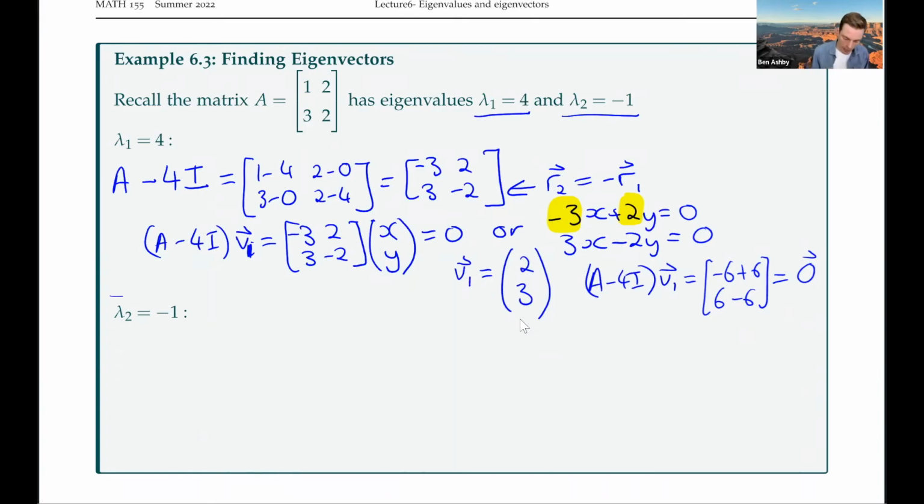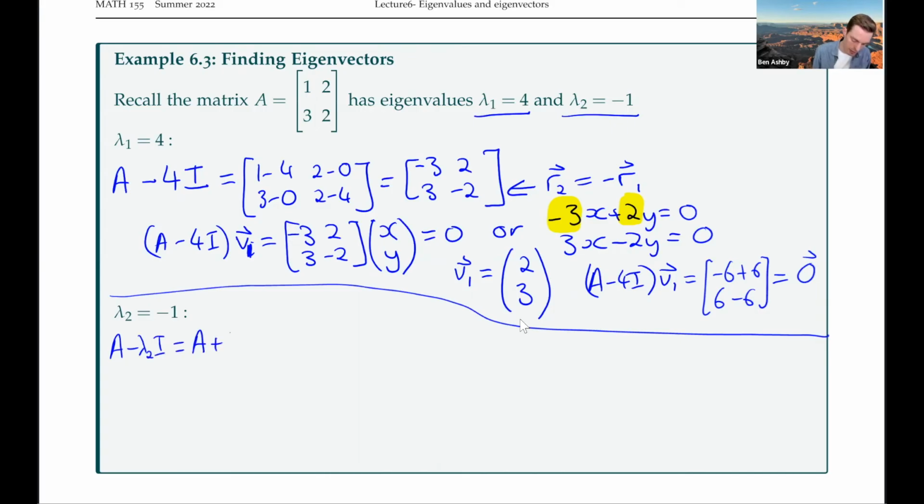Okay, what about for the second eigenvalue? I said we had to do one of the eigenvalues first, find the eigenvector associated with the eigenvalue, and then for the second eigenvalue, we need to find its associated eigenvector. So here we're going to have A minus lambda 2 times I, which is just going to be A plus I, because lambda 2 here is minus 1.